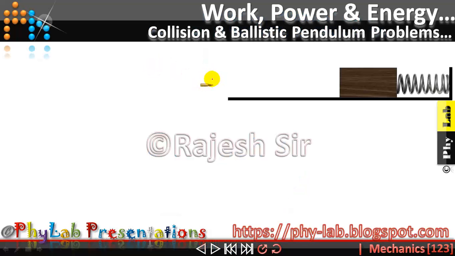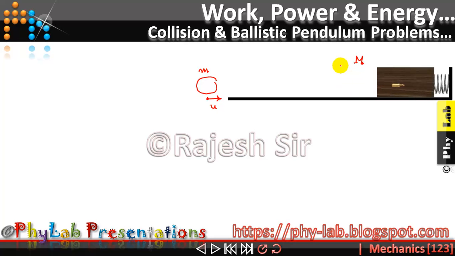As I told you, there is a bullet of mass small m, traveling with some initial velocity u. This bullet strikes the wooden block of mass capital M, and then both together move as a single block system and compress the spring.